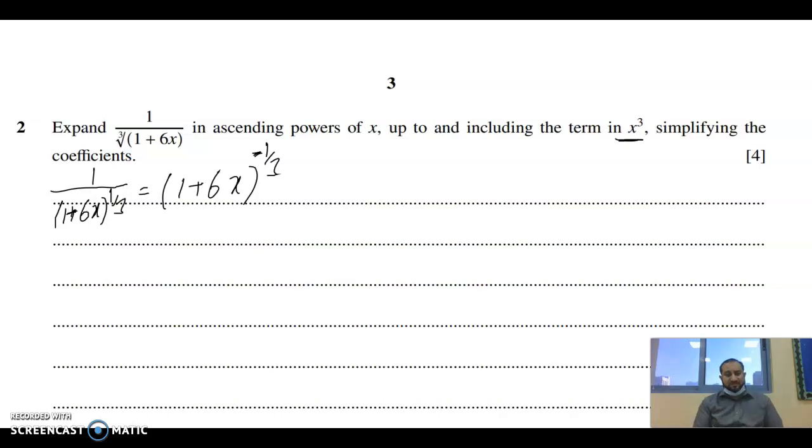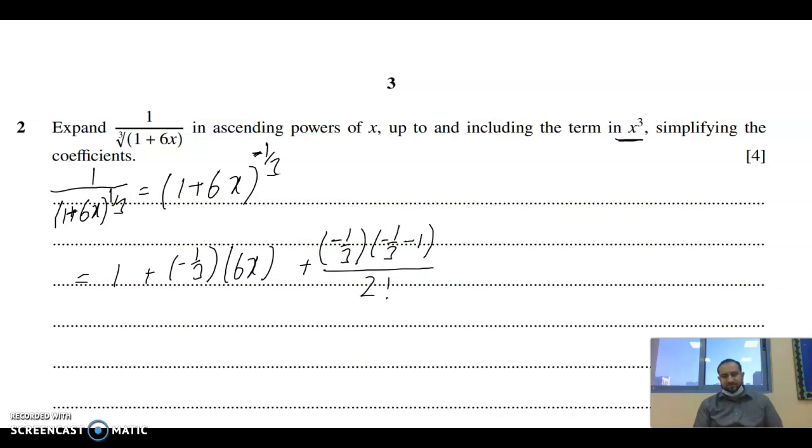Now when we apply the binomial theorem, this will be 1 plus nx, where n is minus 1 by 3 and x is 6x, plus n times n minus 1, so minus 1 by 3 times minus 1 by 3 minus 1, over 2 factorial, 6x to the power of 2.